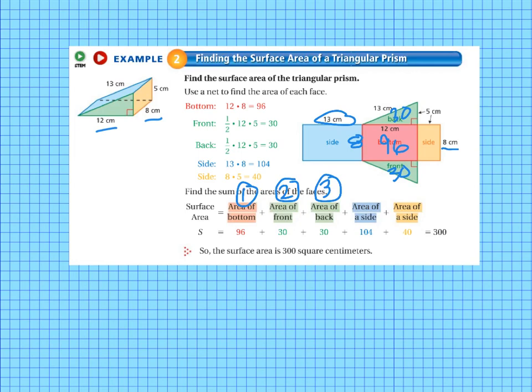So 13 times 8 is 104, so that's step 4. And then we have this one last little side here, and that's 8 by 5, which is 40. So that's step 5. And then step 6 is to add them all up, and we get 300. So our answer is that the surface area is 300 square centimeters.